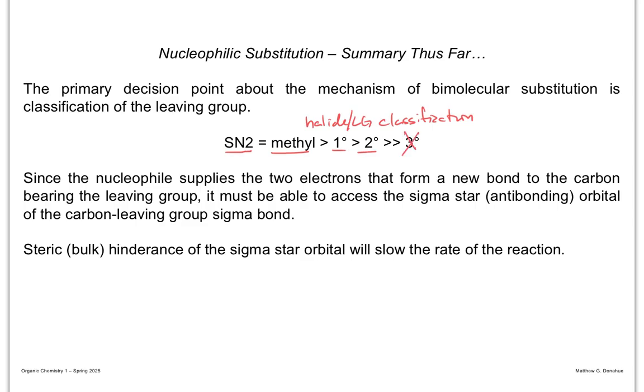Again, keep in mind, these are all carbons that are sp3 hybridized. As we increase the steric bulk around the alpha carbon, that slows the rate of reaction.